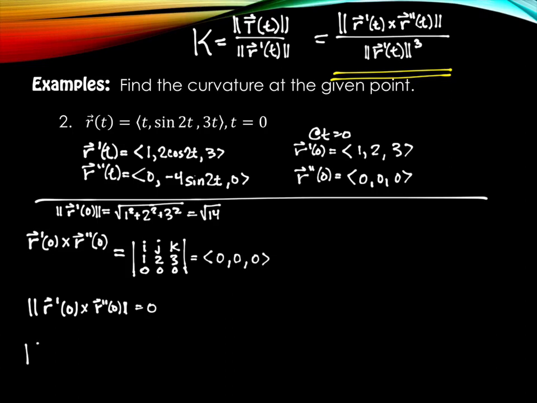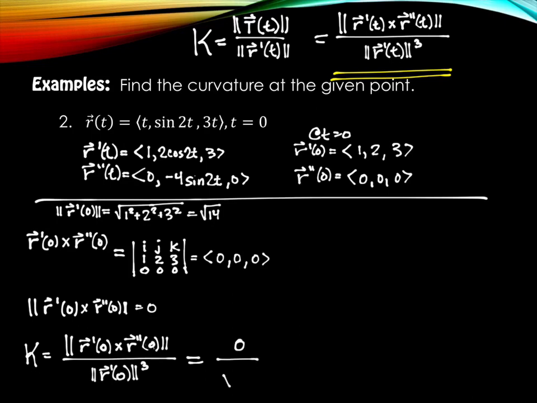So my curvature formula says, let me write this in down here just so it's in the correct spot, I need the magnitude, and this is at 0, so all of mine are at t equal to 0 here for this particular one. So on the top, I have 0. On the bottom, I actually have the square root of 14 cubed. But of course, that's going to give you 0. The curvature is 0 here.